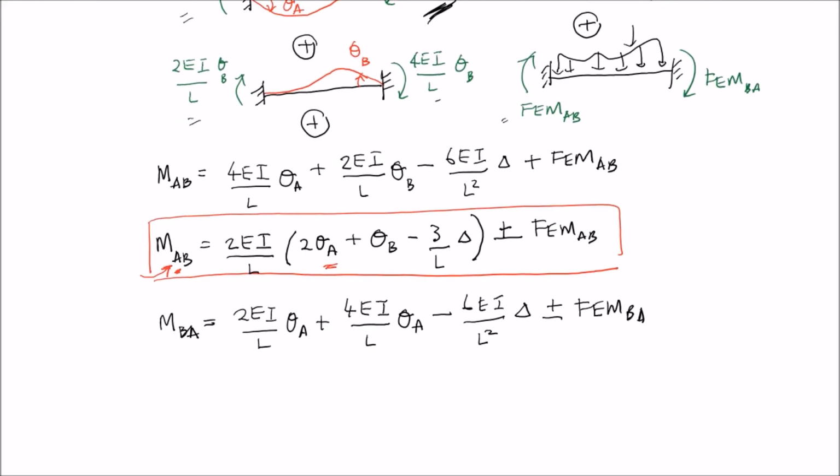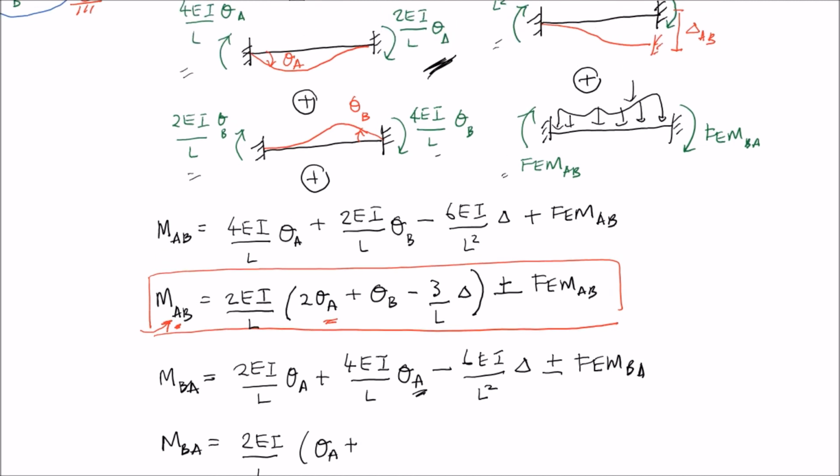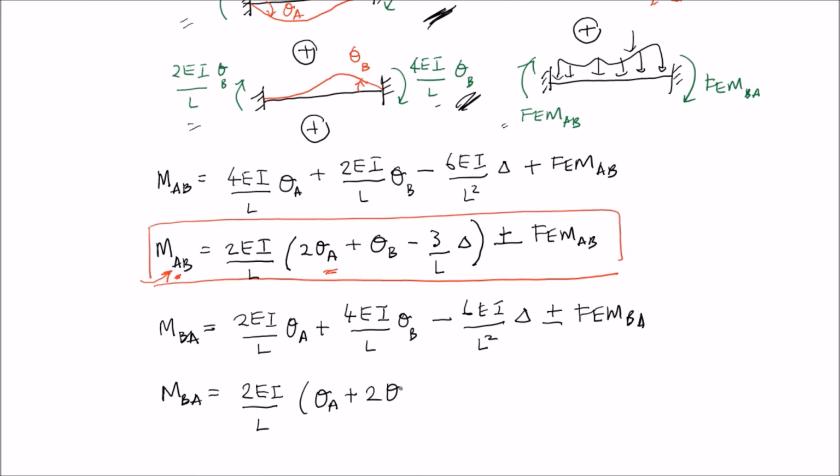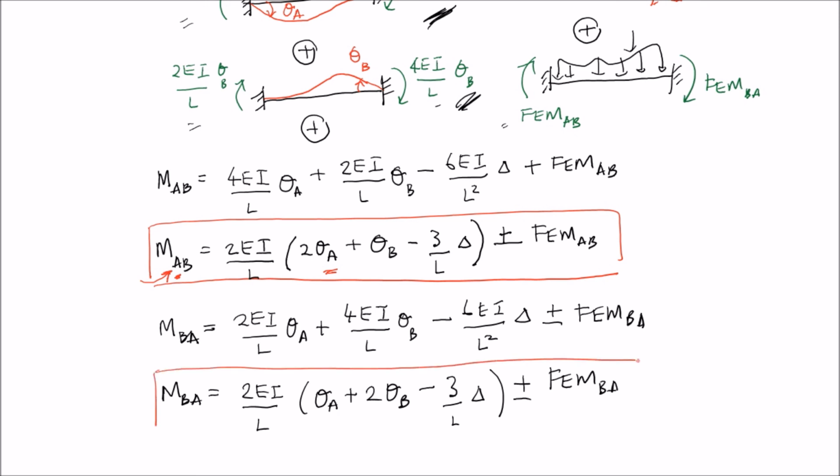Then if I simplify, MBA is going to be 2EI over L, taking it outside, theta A plus... sorry, this is not theta A. You look here, it's actually theta B, a typo, sorry. So it's going to be 2 theta B, minus 3 over L delta, plus minus fixed end moment BA. And this is the slope deflection equation for BA.